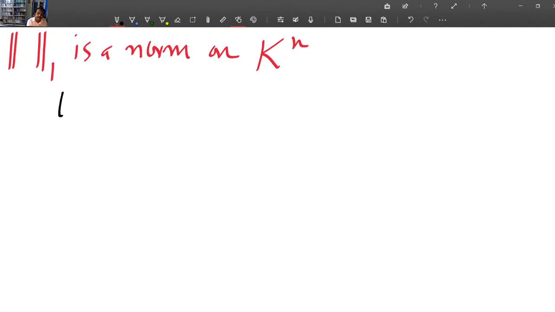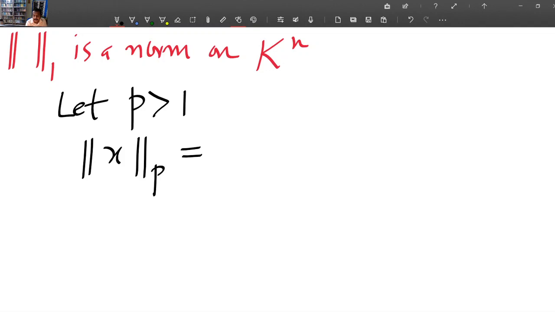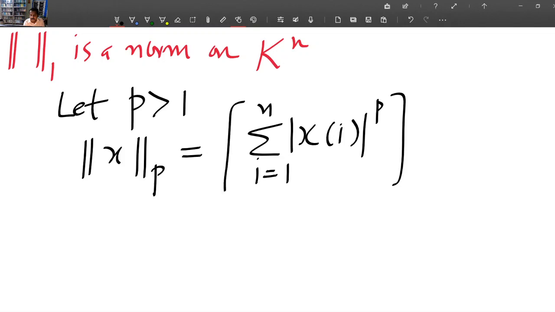Now let p be greater than 1. What is the definition of the norm then? The p norm of x is sigma i equal to 1 to n of modulus of x of i raised to p, the whole raised to 1 by p. So this is the definition of the p norm of x.